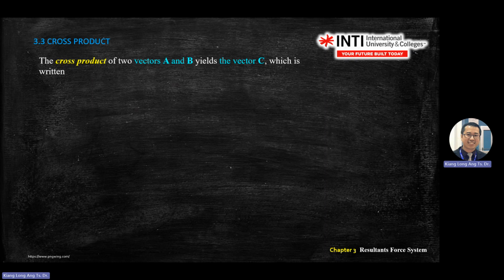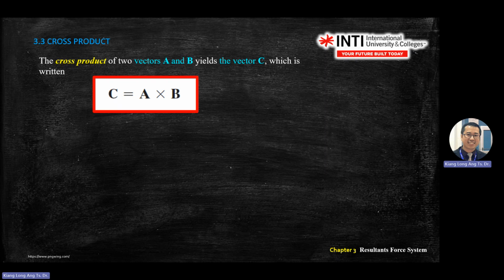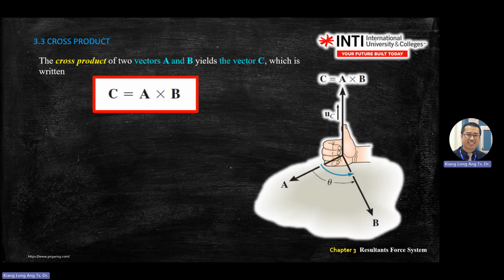So now we learn about cross products, which look like this. The product of vector A cross B will equal to C. When you do right hand rules, if you do cross, you find the relationship between A and B. When you want to make A cross to B, you will generate a direction with the thumb, labeled as UC, going up.